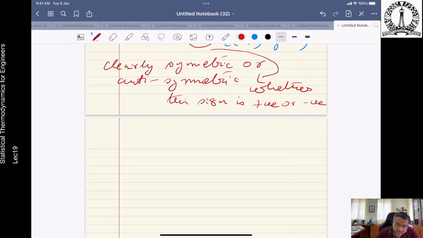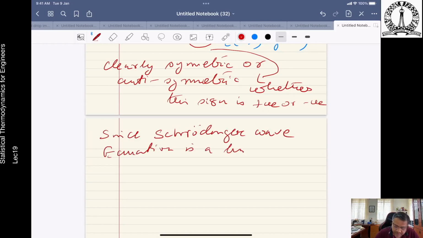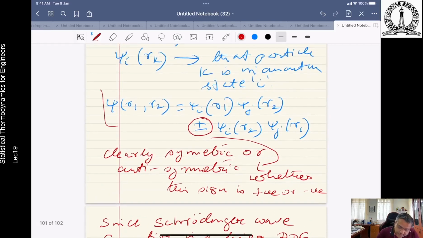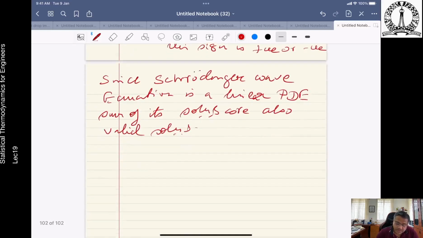Because the Schrodinger wave equation is a linear partial differential equation, the sum of its solutions are also valid solutions. So this particular thing that we have written is clearly a solution of the Schrodinger wave equation.